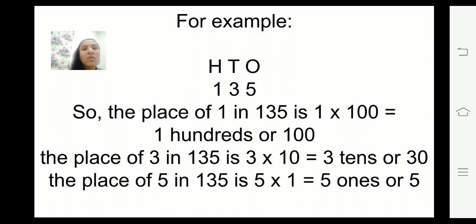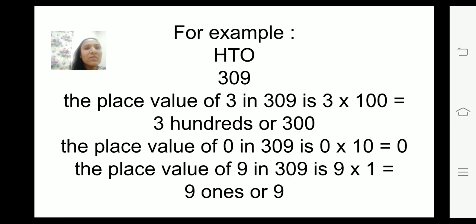The place value of 3 in 135: now 3 is at which place? 3 is at tens place. So 3 into 10 will be equal to 3 tens or 30. The place value of 5 in 135 is 5 into 1. Why 1? Because 5 is at ones place. So 5 into 1 will be equal to 5 ones or 5.